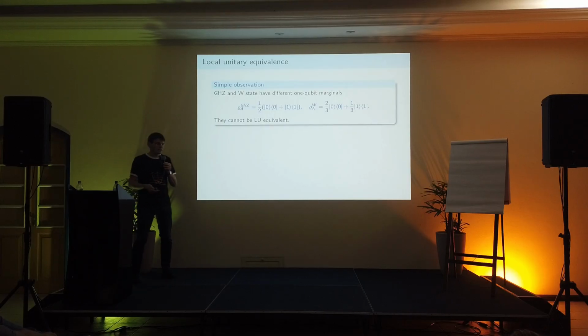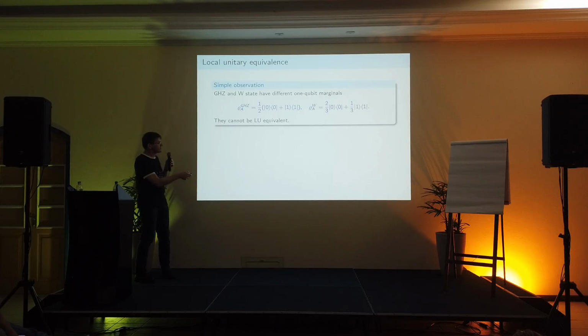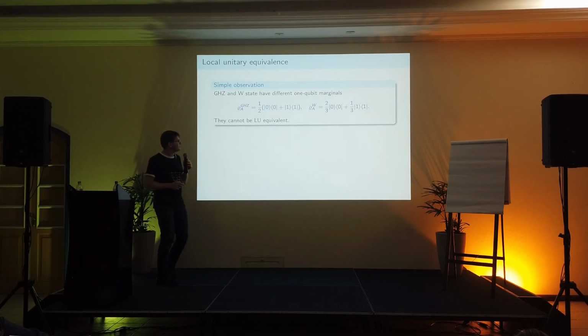So the eigenvalues of these states are different, and this you cannot neglect, or this means that there is no local unitary transformation connecting this state to this state. So with this you immediately see that they are not locally unitary. Okay, not much so far.